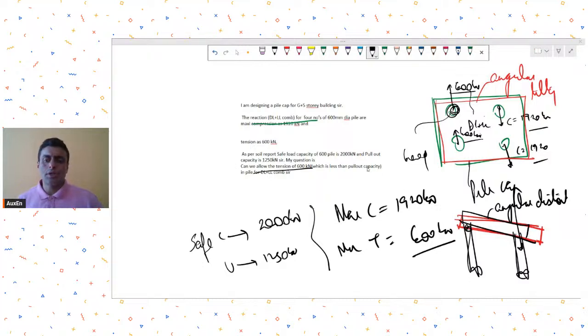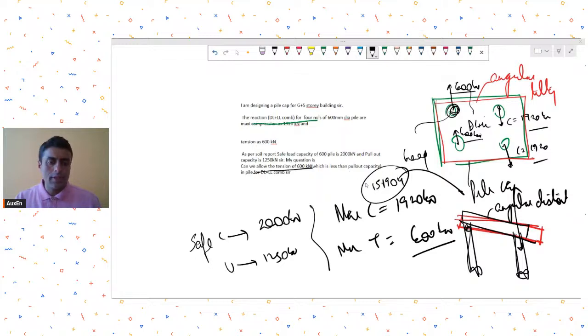You should check this angular distortion value, and there are certain limits given for the allowed angular distortion in, I think, IS 1904. So you go to IS 1904, check that angular distortion and ensure that it is within the limits. Otherwise, it's okay.